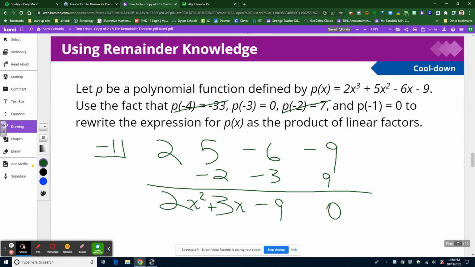Is 2x squared plus 3x minus 9 linear? So we need to do it again. Oh no, what am I supposed to do now? Well, I use this one. Are there any other factors I could possibly use? -3. So now I just do it again.